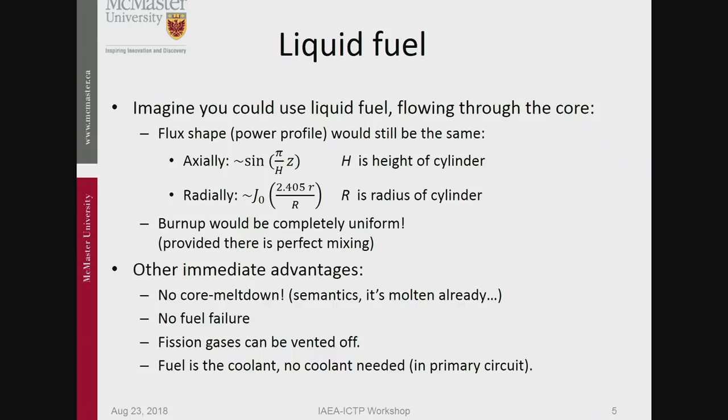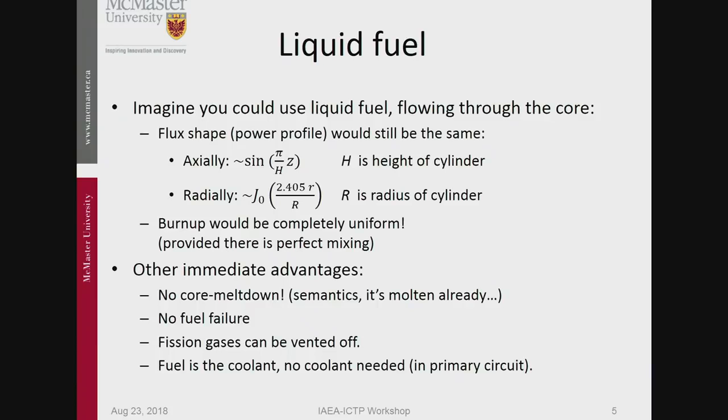But now, since the fuel is moving slowly through, things that get a lot of neutrons here will also pass through an area where there's less flux. And everybody gets the same thing. So that's really a great thing to do. The burn-up would be completely uniform, assuming there's perfect mixing, of course. If you screw that up somehow, then that's not very good.